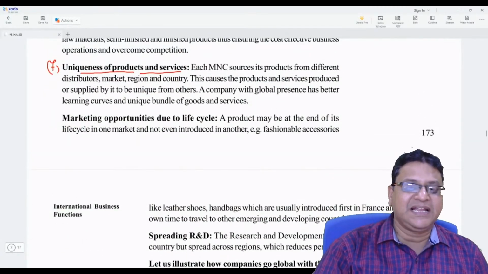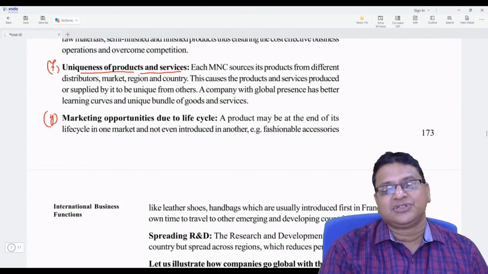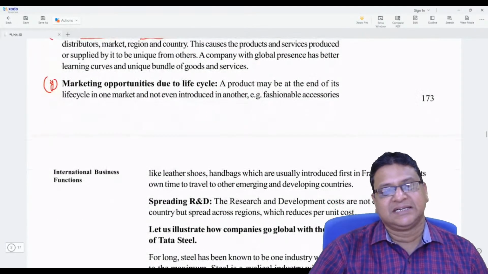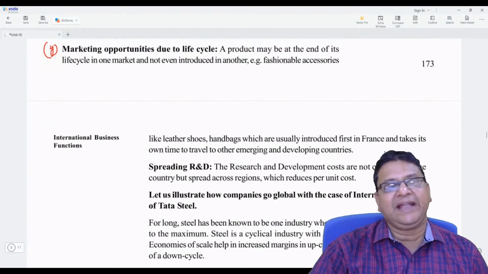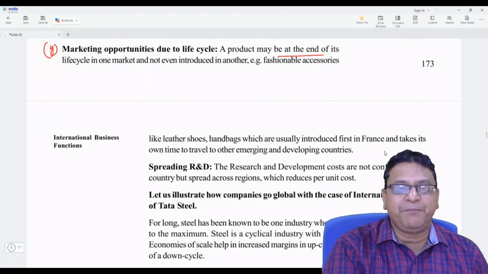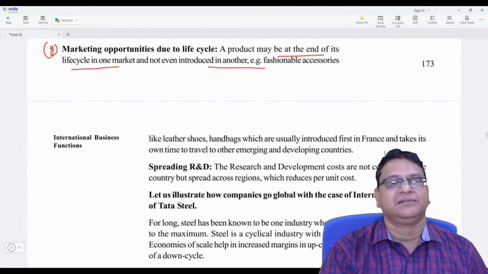Then marketing opportunity due to life cycle. Suppose a product attains the end of its life cycle in one market. The same product may be fashionable in another market.